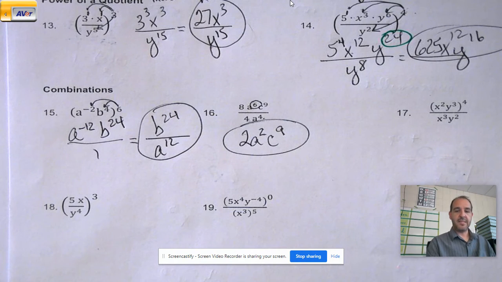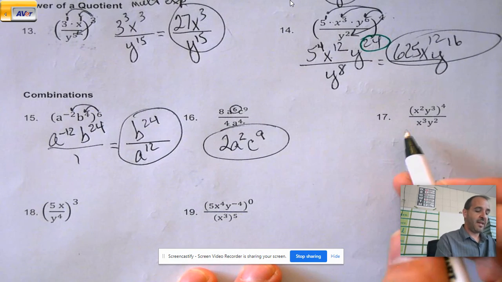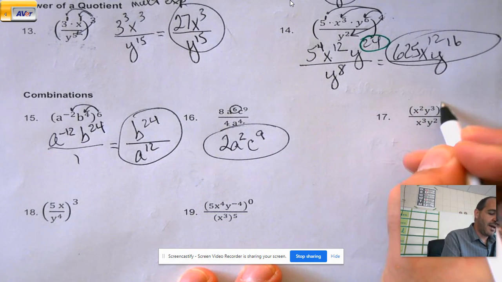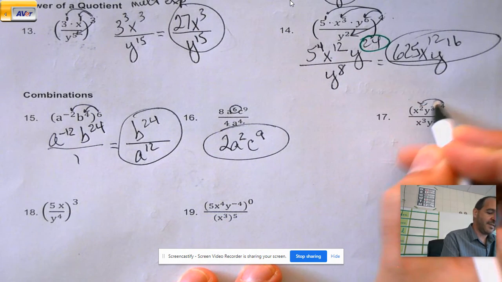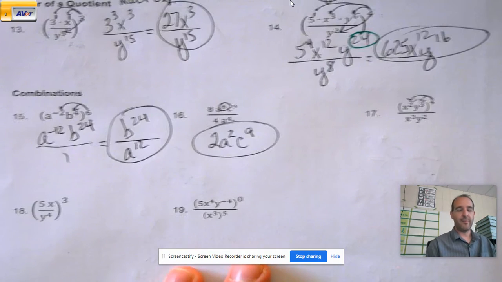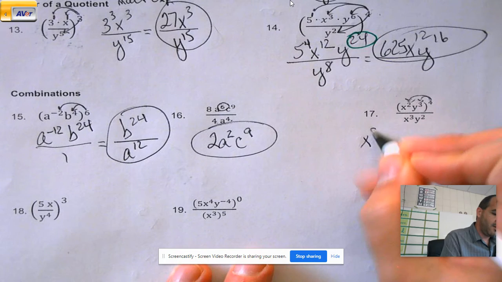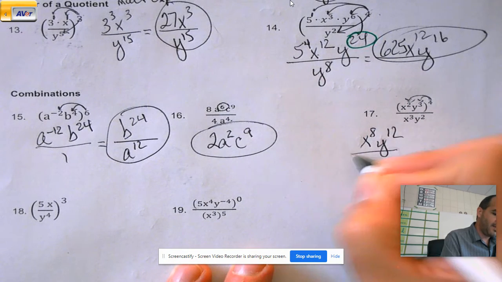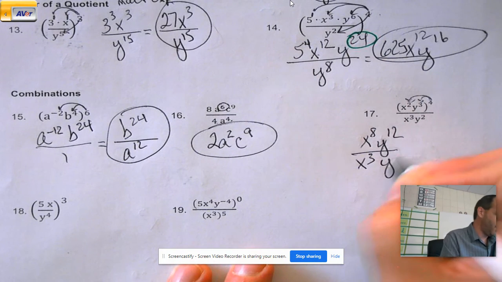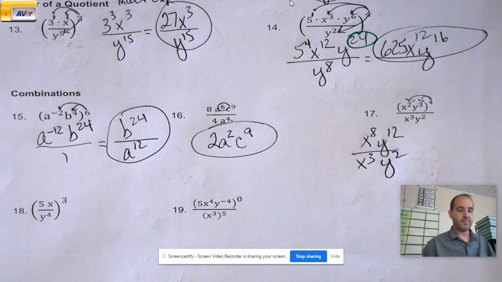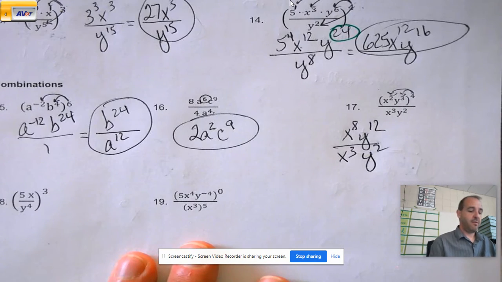Again, piece by piece, thinking it through. 17, don't start subtracting exponents yet because you've got these parentheses to deal with. That's one of the few things that we can't avoid. We want to deal with parentheses first when we're doing these. So multiply your exponents up there, not messing with it down here yet. And now we're back to this again.